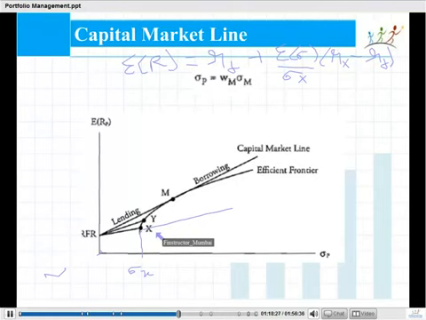That will happen when I lever. That is, I borrow at the risk-free rate and I invest the money in the risky portfolio. So I put a weight of 2 times on the risky asset and a weight of -1 in the risk-free asset. So I will reach some point here.